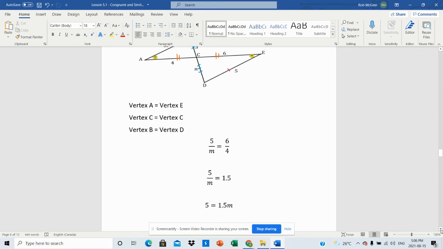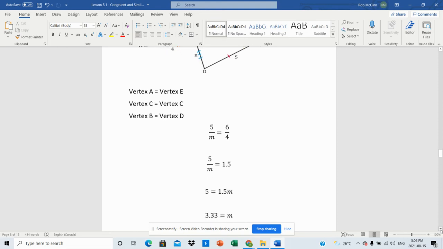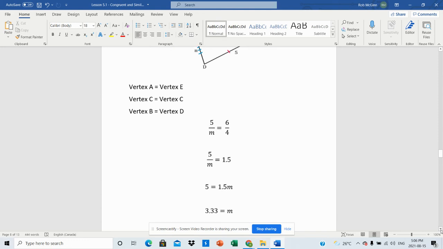Last step, we divide both sides by 1.5, and that'll tell us the side length of m. When I do 5 divided by 1.5, I get 3.33. If you're working with fractions, instead of 3.33 you would have got 3 and a third. Both answers are quite acceptable. So we found our side length for m, and now we need to find the length of n.